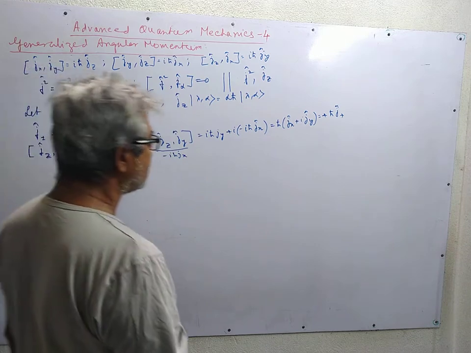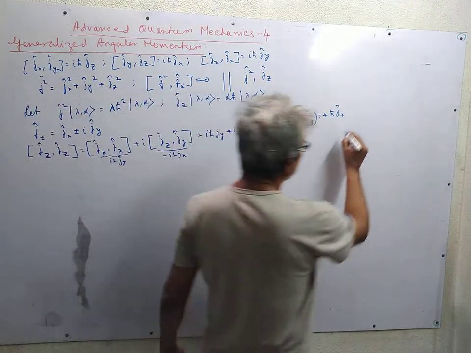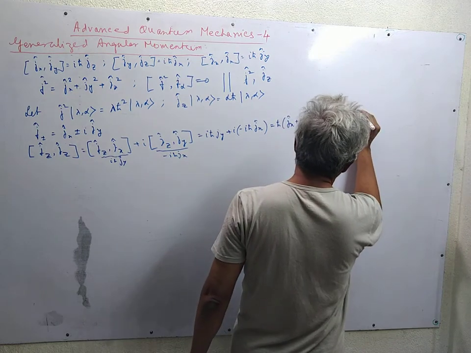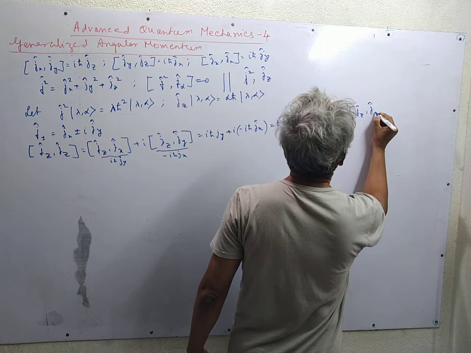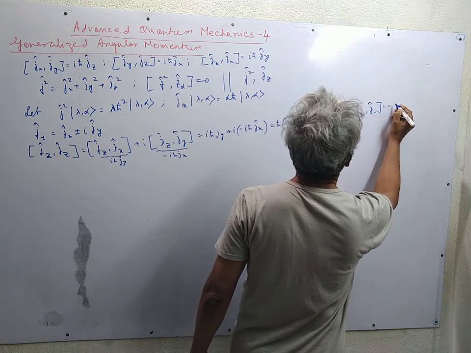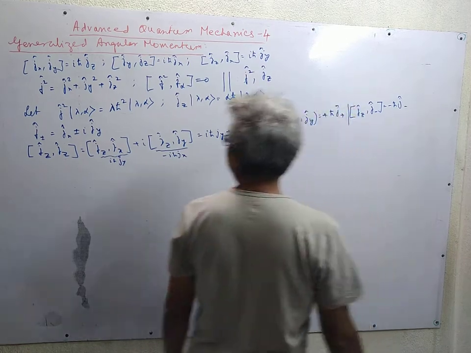Similarly, we can show that the commutator of Jz with J- is equal to minus ħ J-.